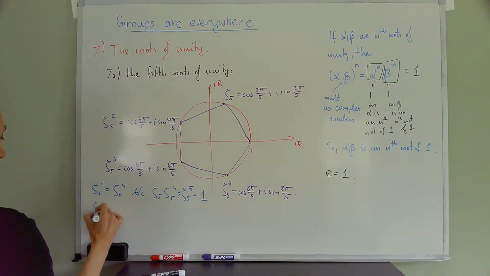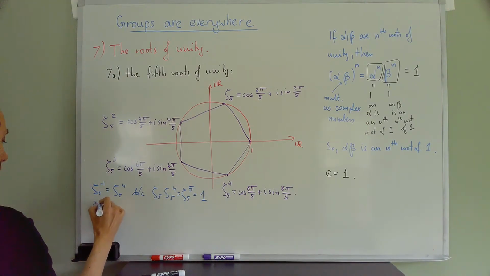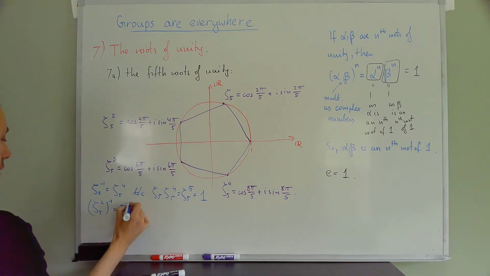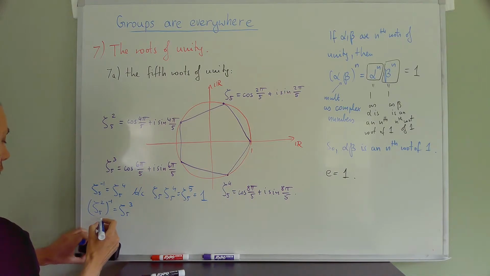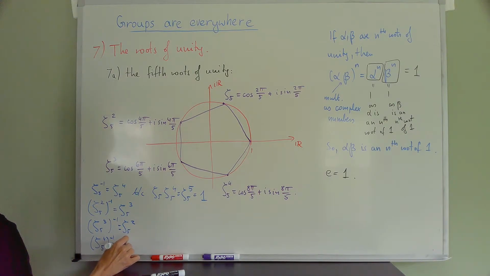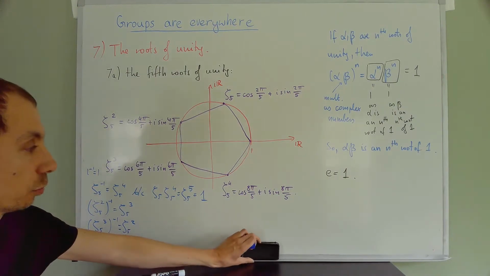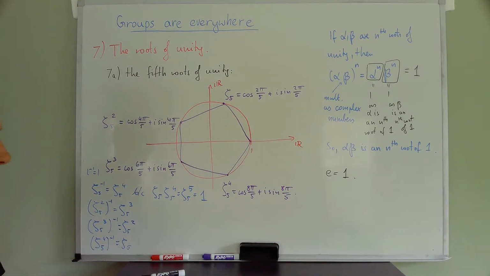What's the inverse of zeta 5 squared? Well, that's zeta 5 cubed. And then so on, right? Zeta 5 cubed inverse is zeta 5 squared, and zeta 5 to the fourth inverse is zeta 5. And of course, 1 inverse is 1. So every fifth root of unity has an inverse.